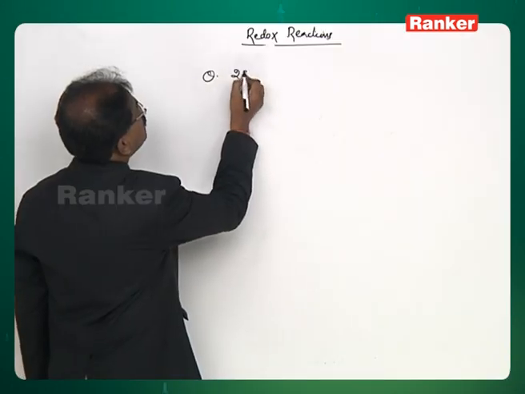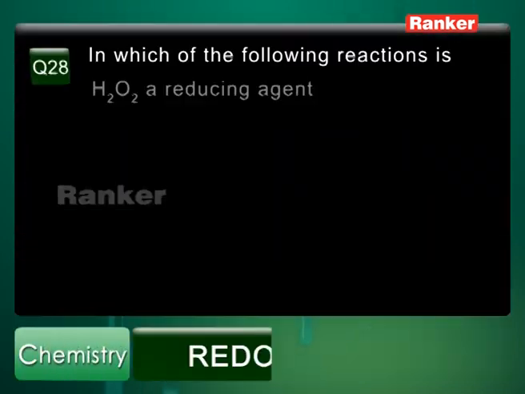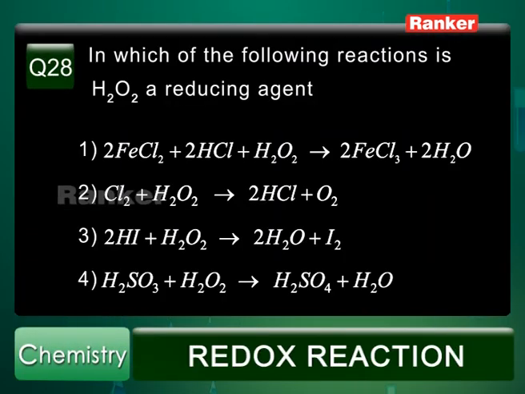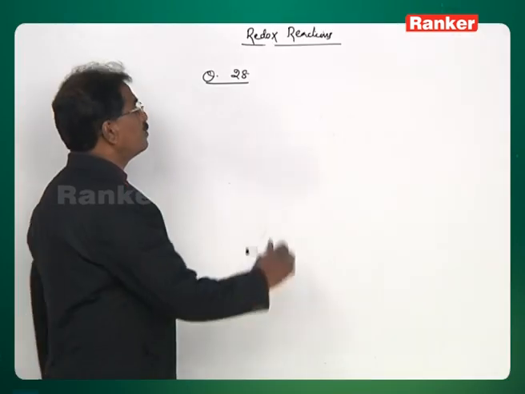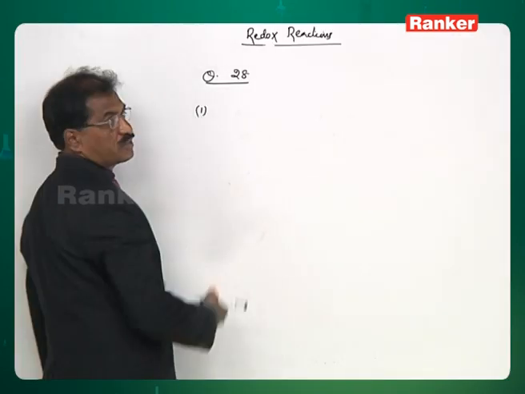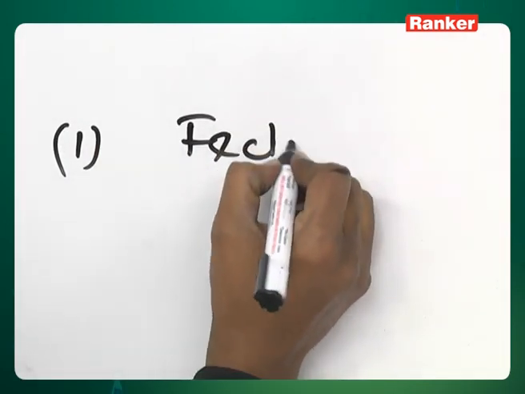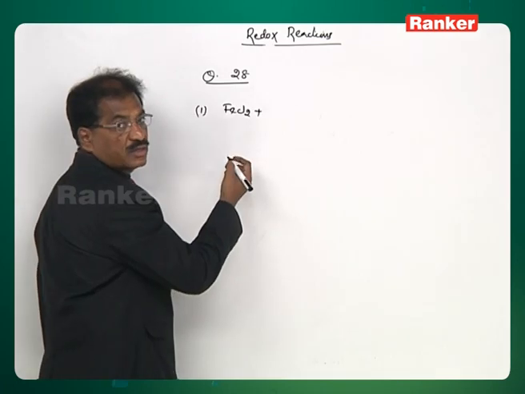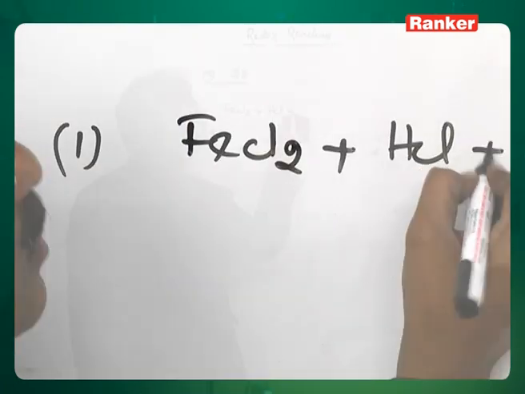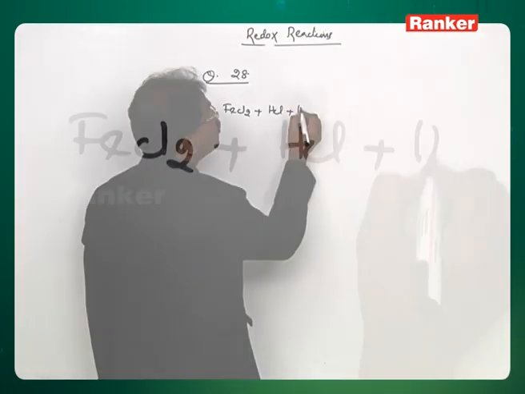Next, question number 28. In which of the following reactions is H2O2 acting as the reducing agent? So, first observe each reaction. In the first reaction, they have shown that FeCl2 is reacting with HCl and H2O2.